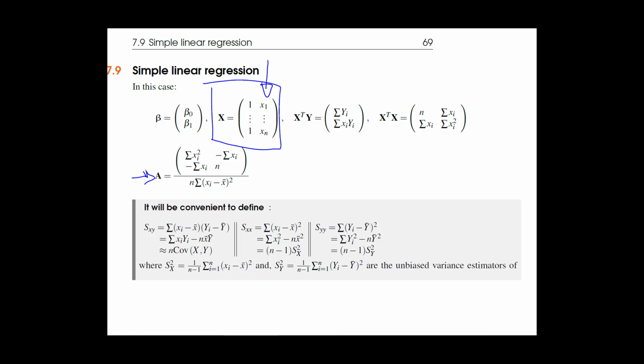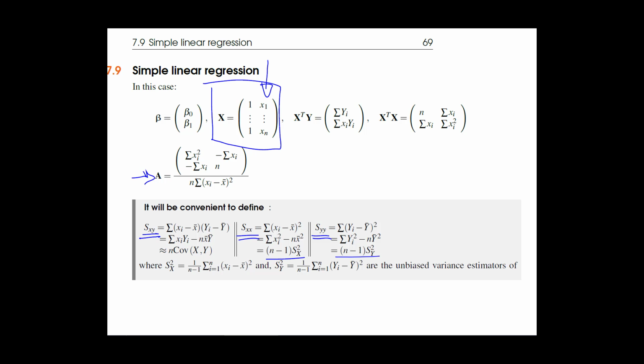Now we're going to need to define extra variables, the S's. These three, so take a look at their definitions. They're related to the sample variances in this way.